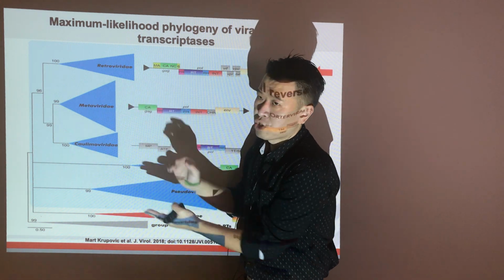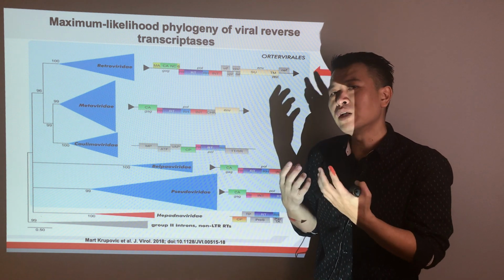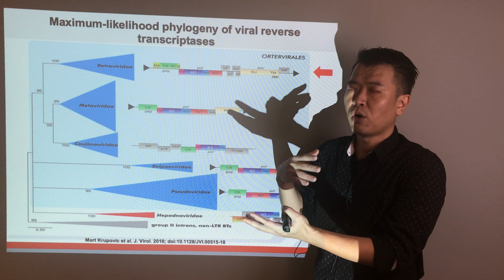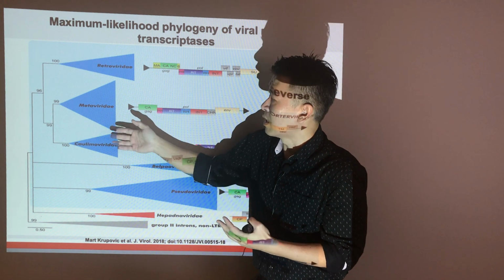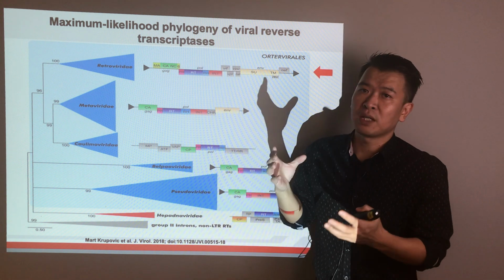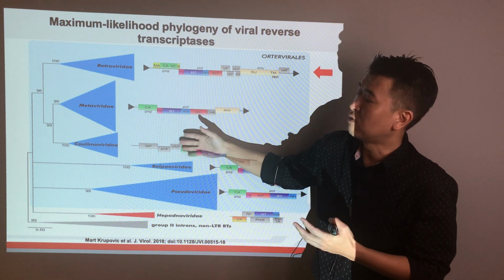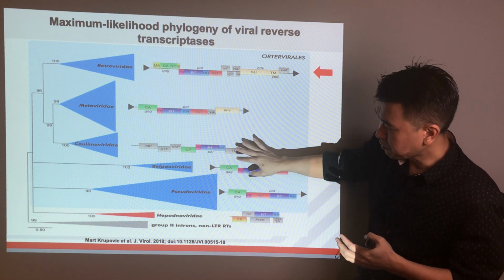That's how they branch out. So what it means here is that we shouldn't just look at whether the genome is single-stranded or double-stranded, or DNA or RNA. Sometime along the way, evolution happens, and this reverse transcriptase sequence will be more accurate to classify the virus into their respective order.